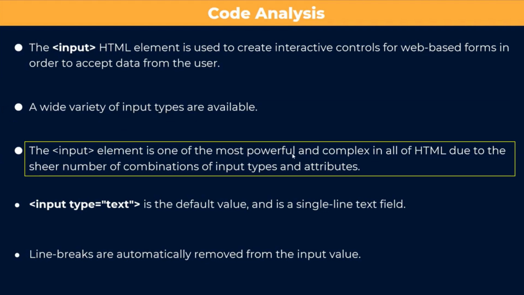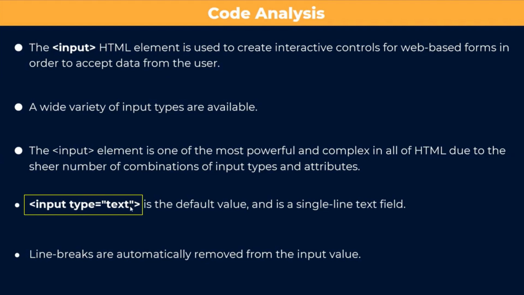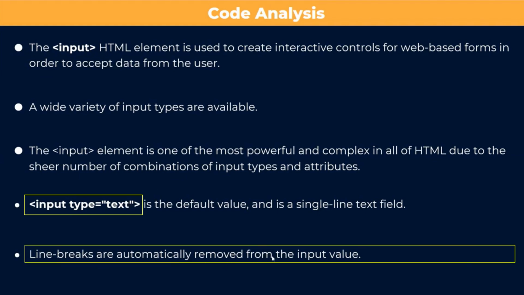The input element is one of the most powerful and complex in all of the HTML due to the sheer number of combinations. So there are a lot, but we will stick to just a few. The one we have used is text. Line breaks are automatically removed from the input value, so there will be no line breaks within it.